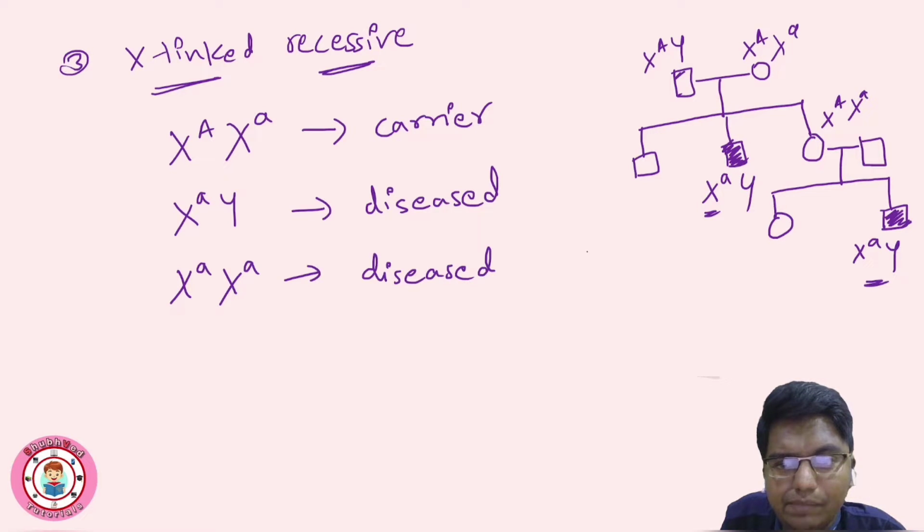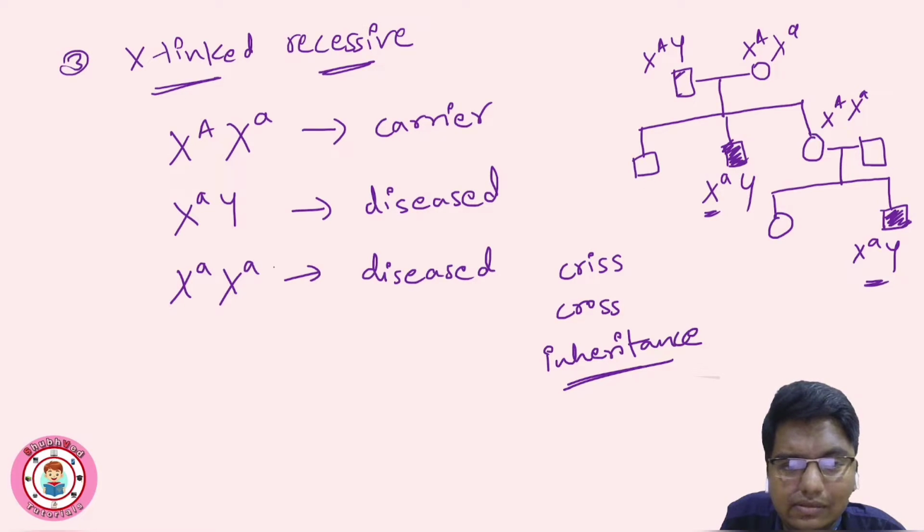See, for this X-linked pattern, in the previous video when we discussed X-linked inheritance in detail, it is also known as criss-cross inheritance. Criss-cross means mother to son, son to daughter.